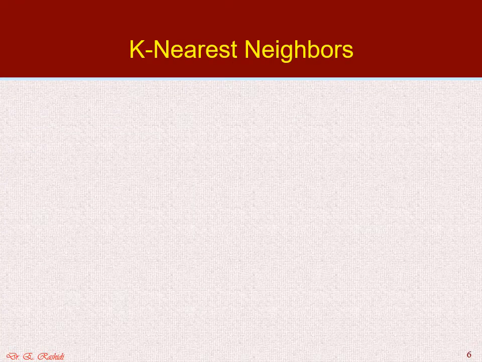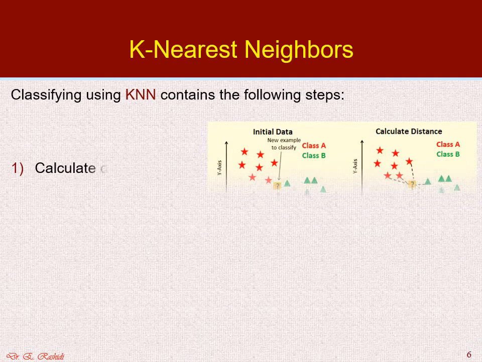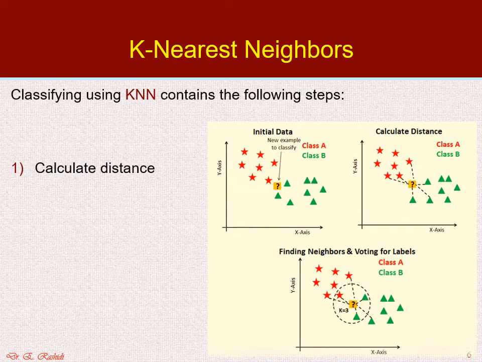Overall, classification using the KNN method includes the following steps. Step 1, calculating the distance. Step 2, finding closest neighbors. And step 3, voting for labels.